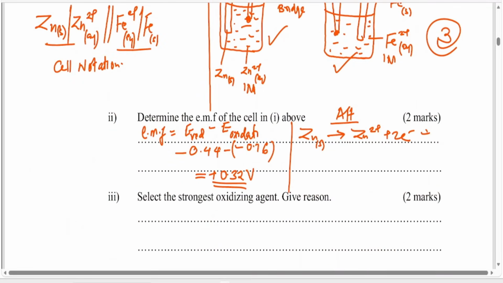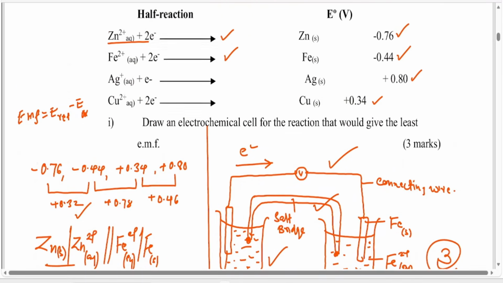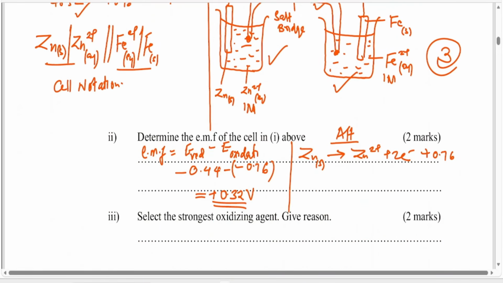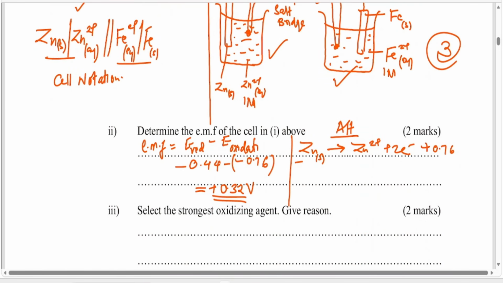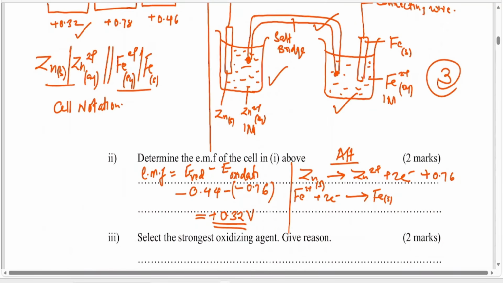Therefore, I'm going to have positive 0.76 volts. And then the one that undergoes a reduction should remain the way it is written because it's written in reduced form. So we have iron 2 ions plus 2 electrons, I obtain iron solid. And the EMF remains negative 0.44.